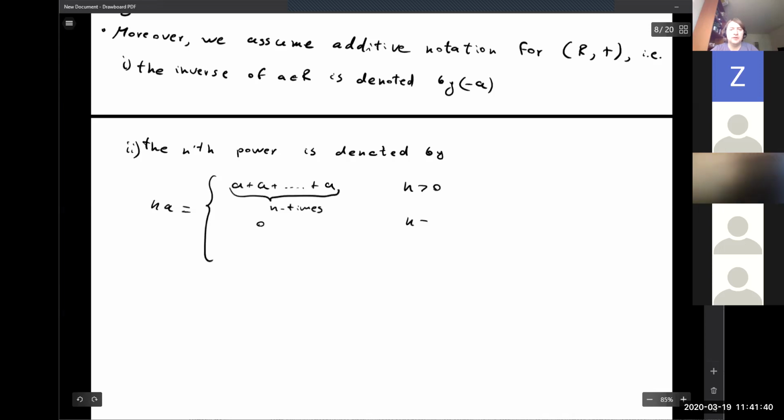It's 0 when n equals 0, and it's just minus a plus minus a plus minus a, absolute value of n times, when n is less than 0.